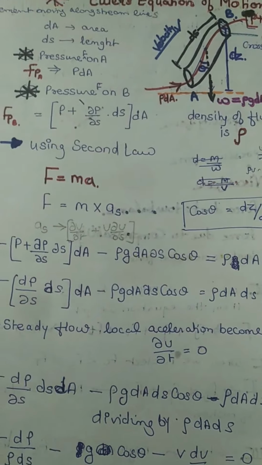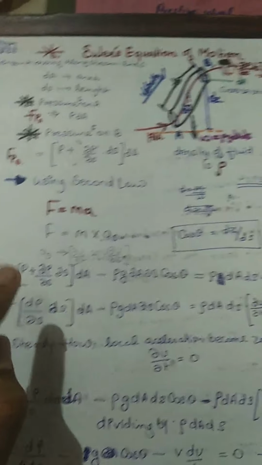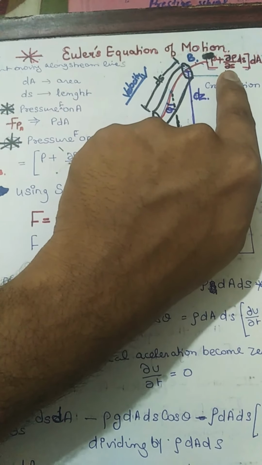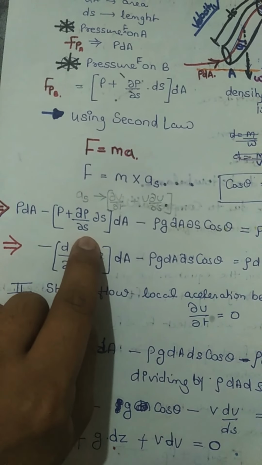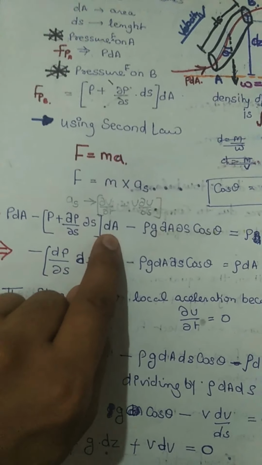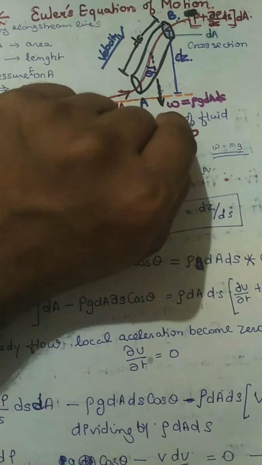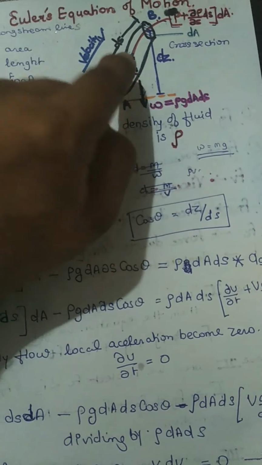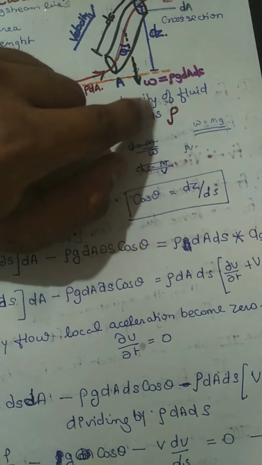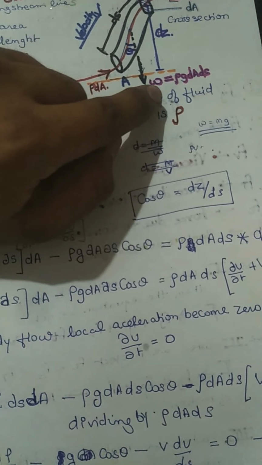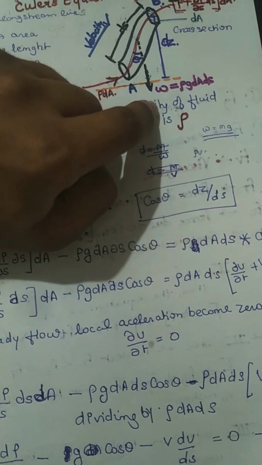So pressure force at A, that is P into dA. As this pressure we have taken negative, as it is moving in downward direction, we have written like this: minus P plus del P by del S into ds into dA. Now as the weight component is in this direction, making the angle theta with x direction, we'll resolve the weight component in the x direction. That will be rho g dA ds cos theta.